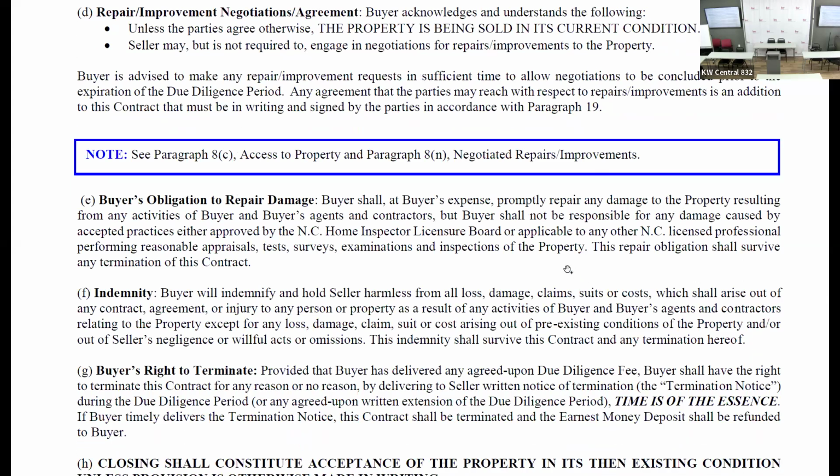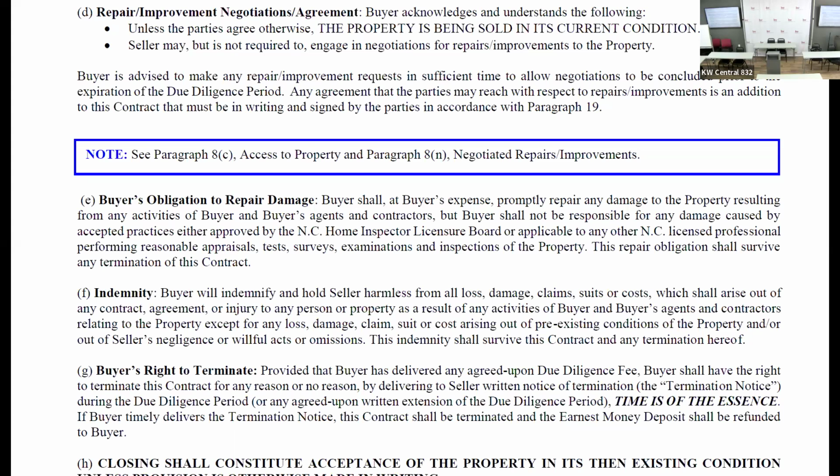Buyer's obligation to repair damage. So this means that if the home inspector falls through the ceiling, the buyer or the home inspector has to pay to make that repair. If the home inspector has their ladder up against the side of the house and the ladder slides out and damages the siding, the inspector or the buyer has to pay for that.